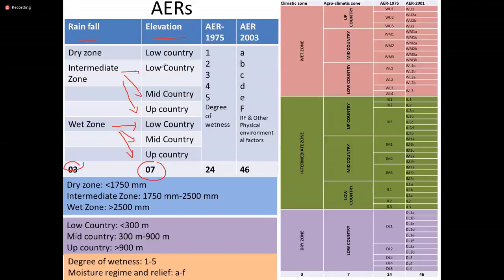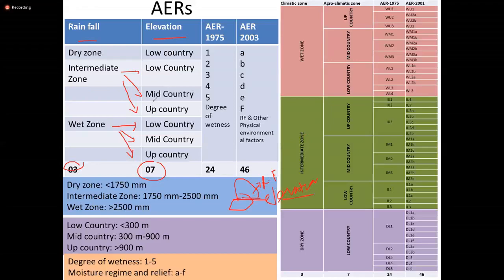One factor is rainfall, and joined together with it, we have another factor, that is elevation. Elevation is an edaphic factor, and it means the vertical height of a particular area from the mean sea level.